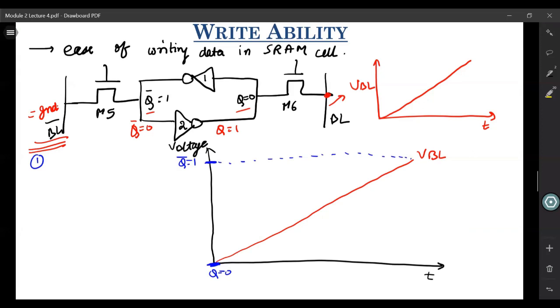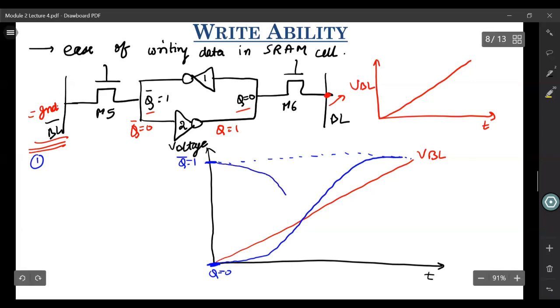This Q, which is 0, will try to go towards 1. As your VBL increases, Q starts like this and then tries to go towards 1, and let's say it reaches 1 there. Similarly, Q bar will start at 1. However, at some point of time, it will try to flip towards 0.